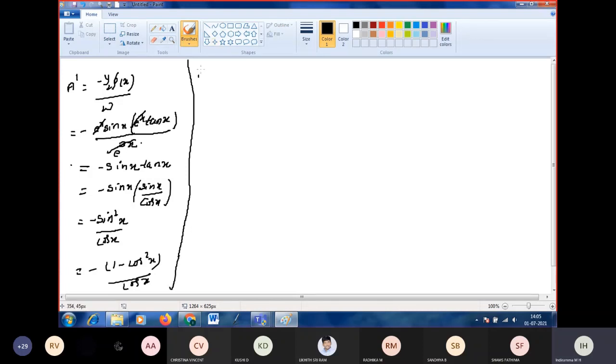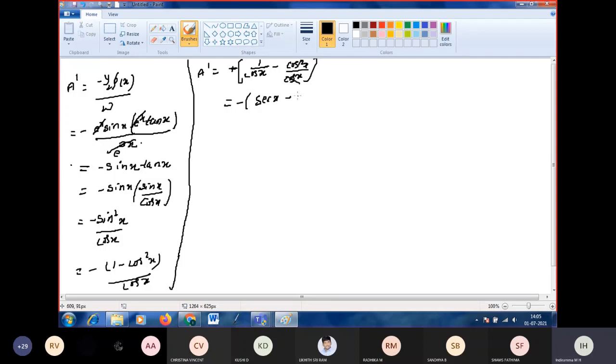So next, a dash is equal to minus of, split the numerator, 1 by cos x minus cos square x by cos x. What is 1 over cos? Secant. Minus of secant x minus 1 cos x, cos x cancelled.